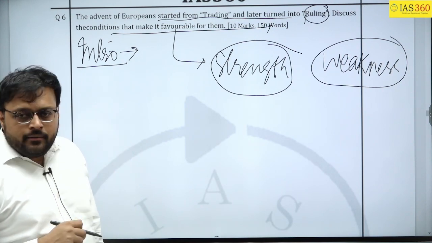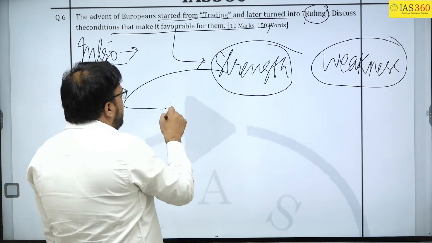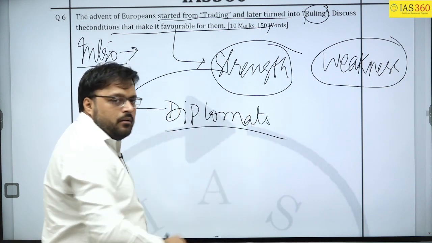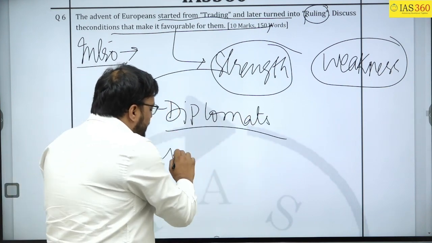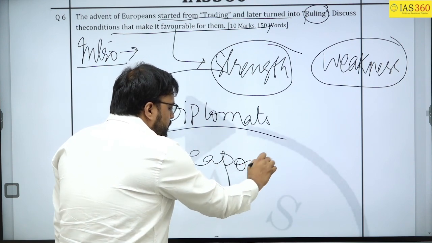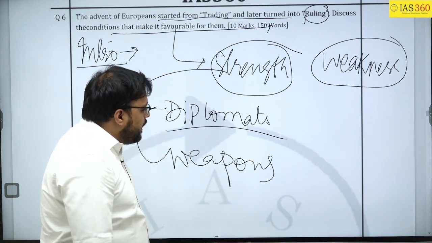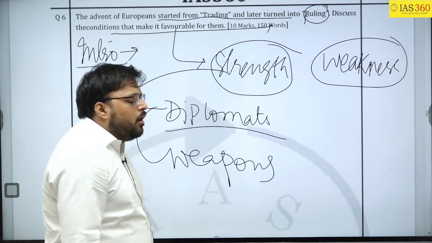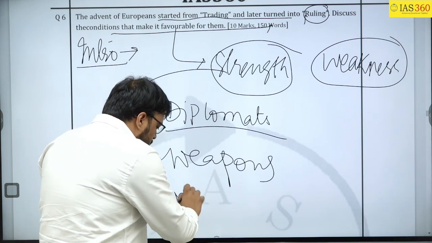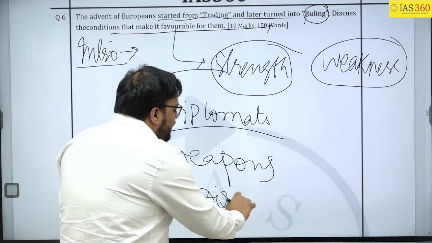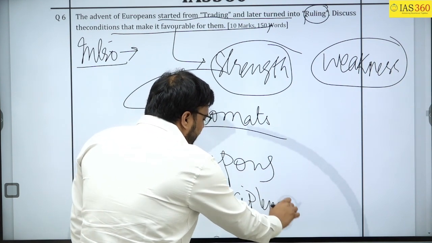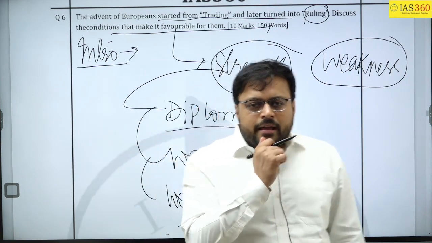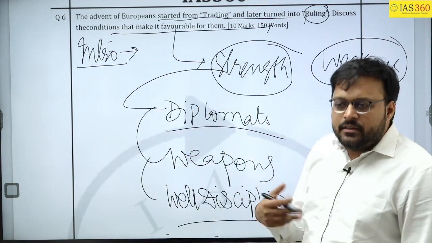As strength of the British, you can talk about how they were very diplomatic. Then you can talk about their weapons, a well disciplined army, or able administrators like Robert Clive. These were the strengths.